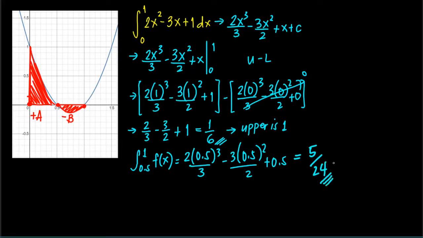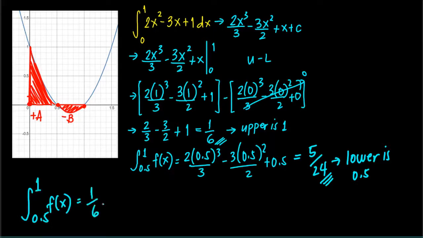So this lower is 0.5. When I said upper, it's the upper bound. When I said lower, it's the lower bound. That means, guys, the integral of the function from 0.5 to 1 is 1/6 minus 5 over 24, which should give us negative 1 over 24.